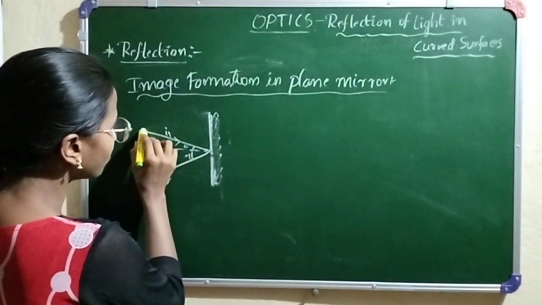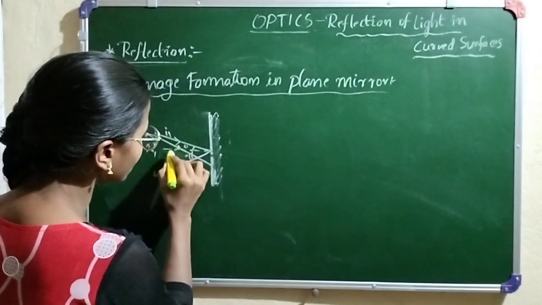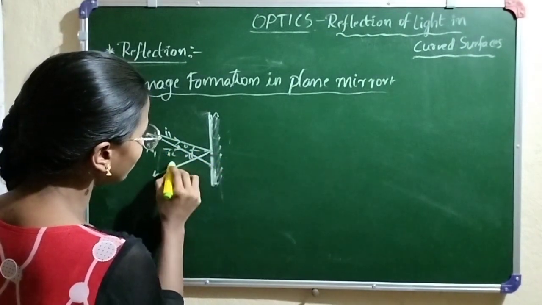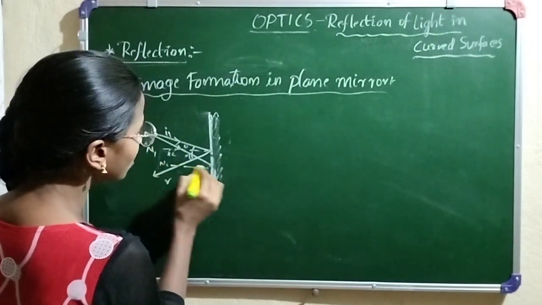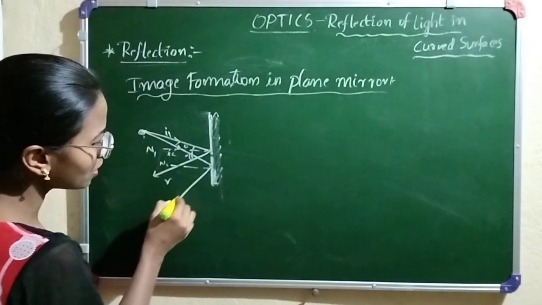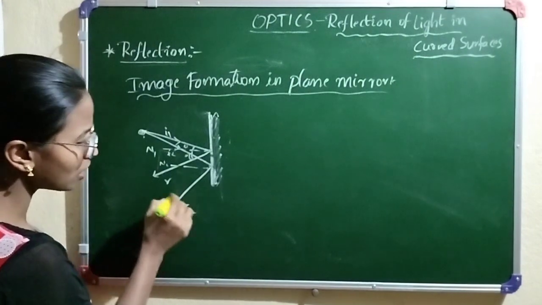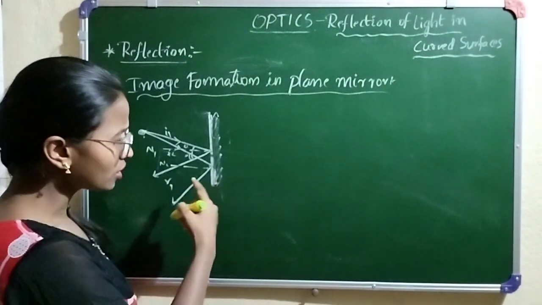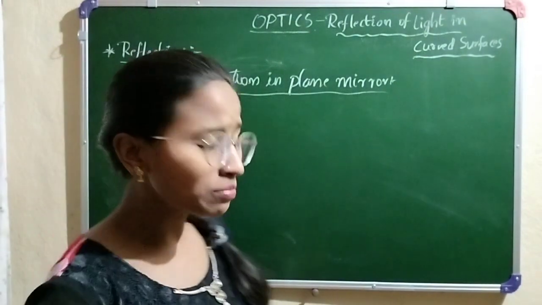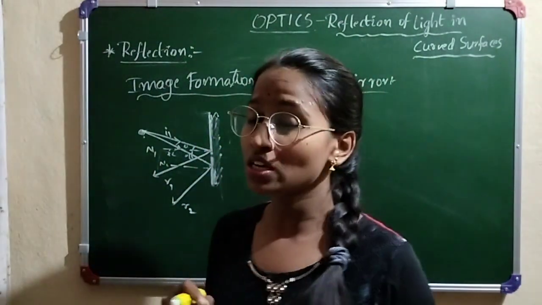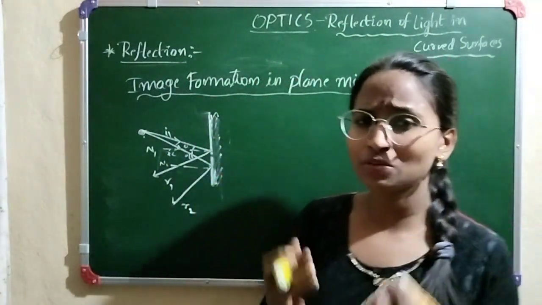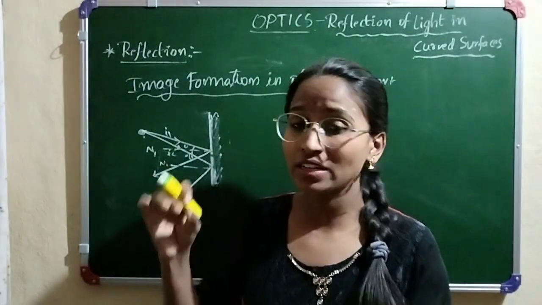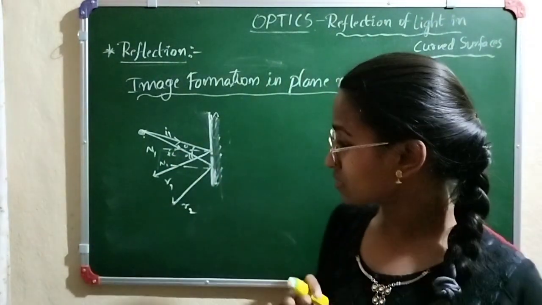Now one more incident ray, this is I2. Again at the point of incidence we draw the normal, and from this point one more reflected ray, R1, R2. So if you observe, where is the image forming? Why will the image be formed at a certain point? That is our doubt.